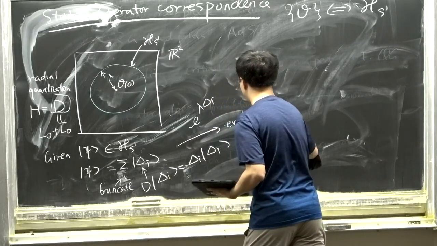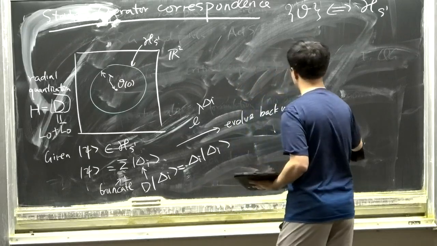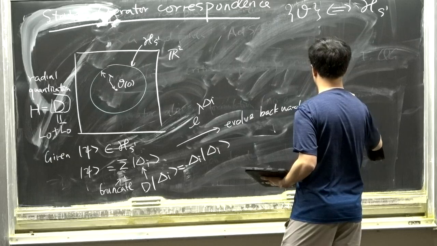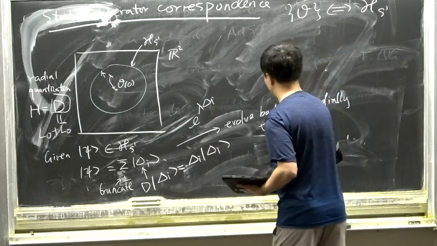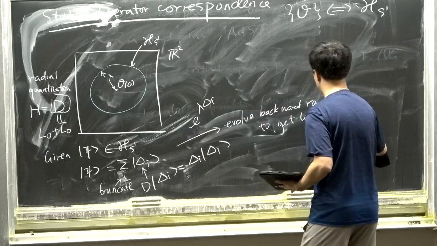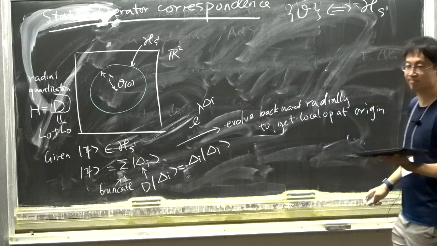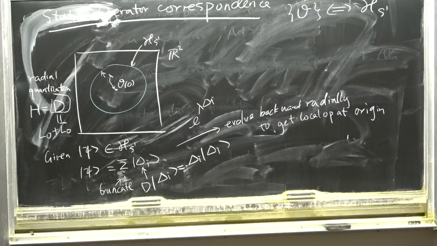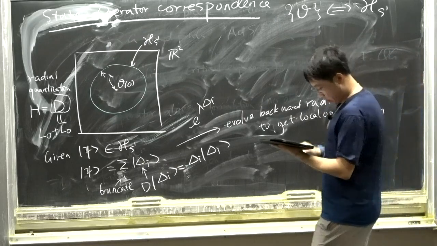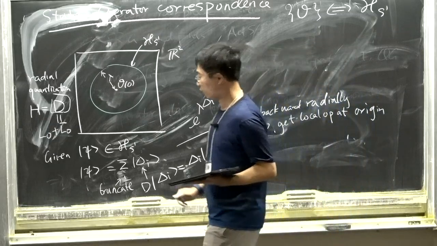Then you can safely evolve backward radially to get a local operator at the origin. Okay, so this is where conformal symmetry is important.